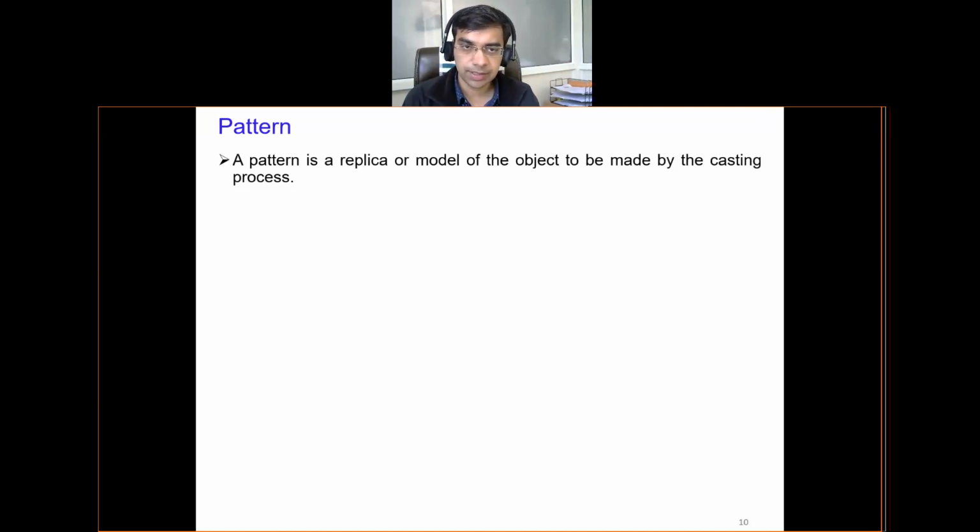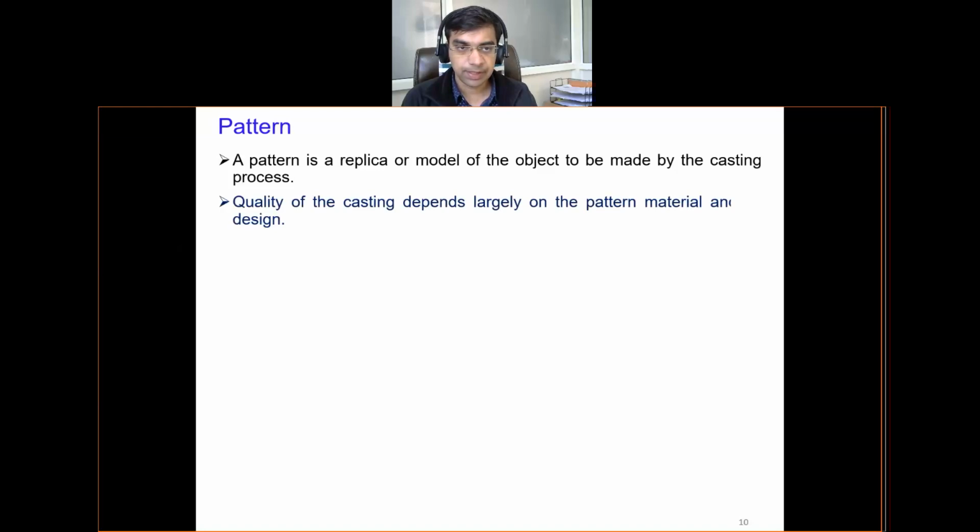A pattern is the replica of the object which is to be produced using casting. Suppose I have to produce a cube, then I have to make the pattern of the same shape. This pattern is a very important factor in the casting process because the quality of the casting will largely depend on the pattern material and its design.